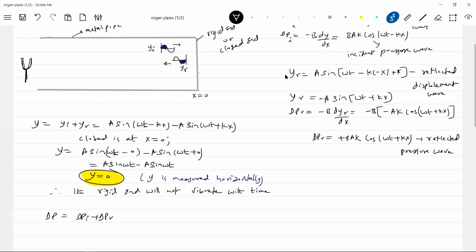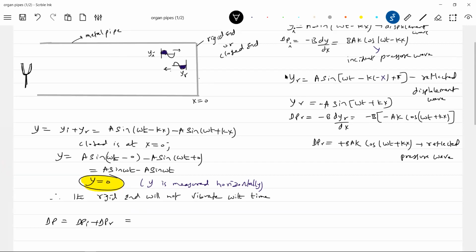Okay, let's go for this one. So the superposition of this will be the incident pressure wave. Look here, this corner will be BAK. So this will become delta P of x, t. If you want, you write it as y of x, t, or y of t, anything. So there's like a standing wave.